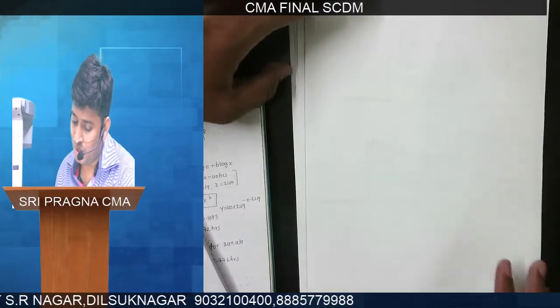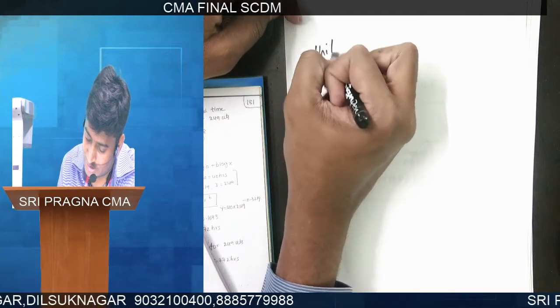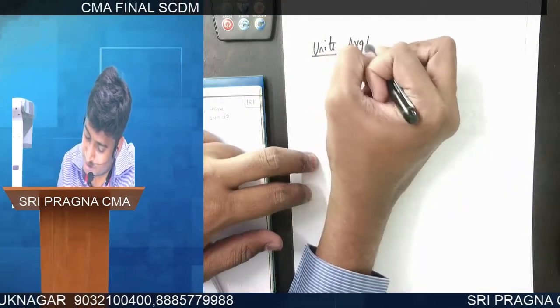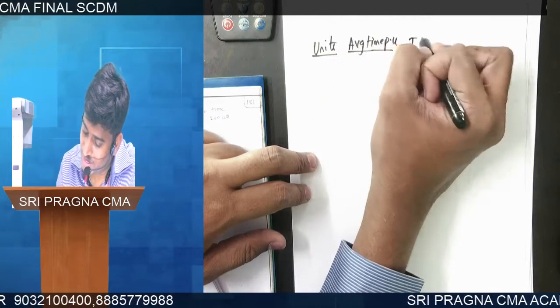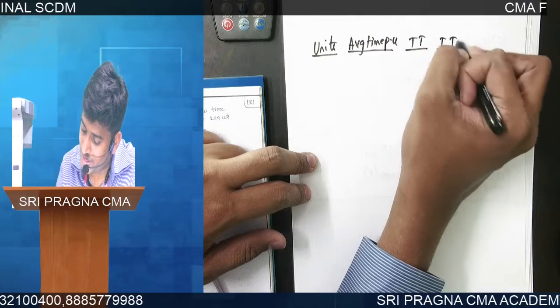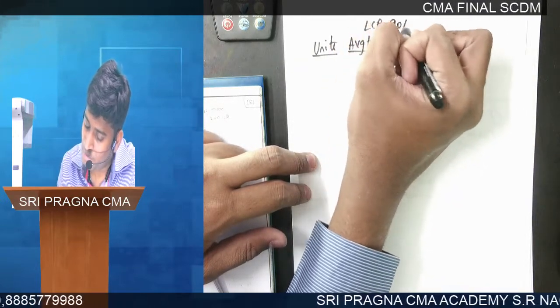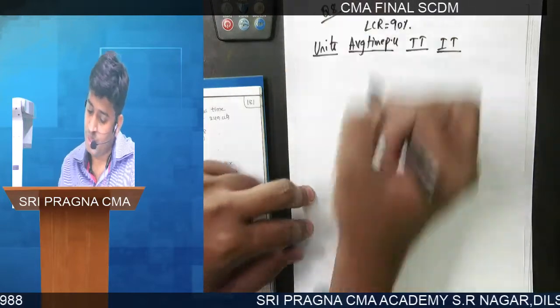వో proforma బోలో రే. Units, average time per unit, total time, incremental time. లర్నింగ్ కర్వ్ ఎంత? ప్రాబ్లం నంబర్ ఏంటి? 8. ఓకే ఓకే.